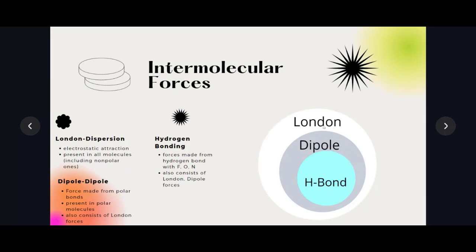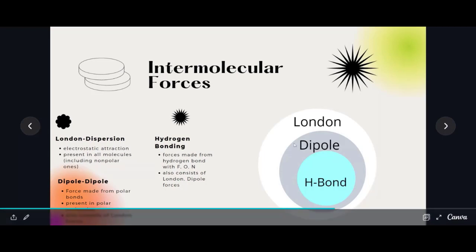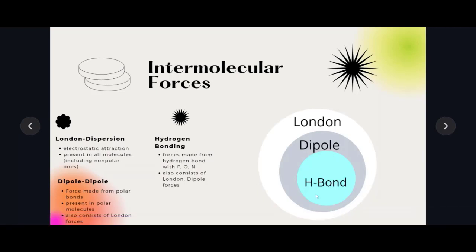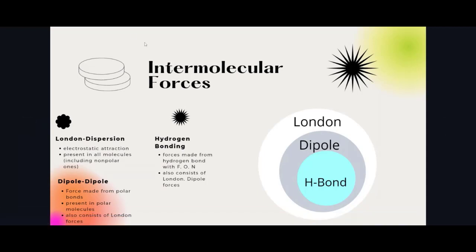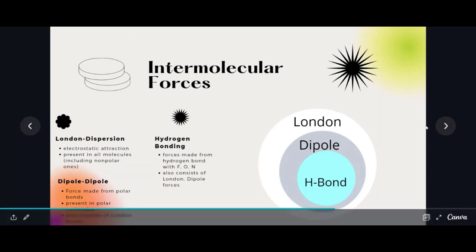The London ones are very broad, but don't encompass the other two. So if a question asks what forces are present, and something has a hydrogen bond force, it also has dipole and London. However, if something only has London, that's from nonpolar molecules.